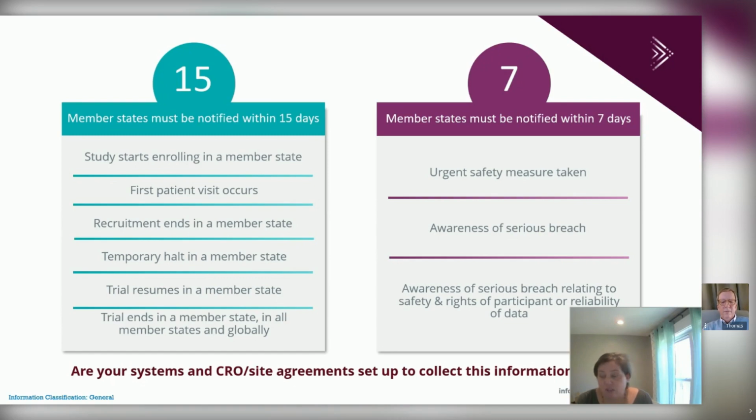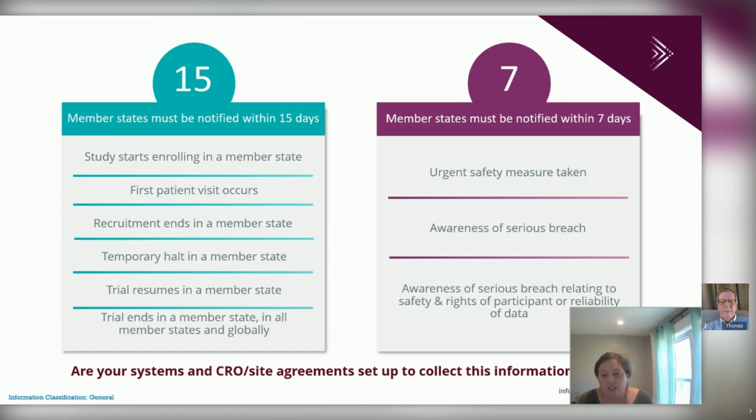So there are very strict timelines for these things, and especially when you're talking about the items in the purple on the right-hand side with a very short timeline for notification, those are often multi-departmental responses to a very big deal. And having it done within 7 days is going to be very, very challenging for many.